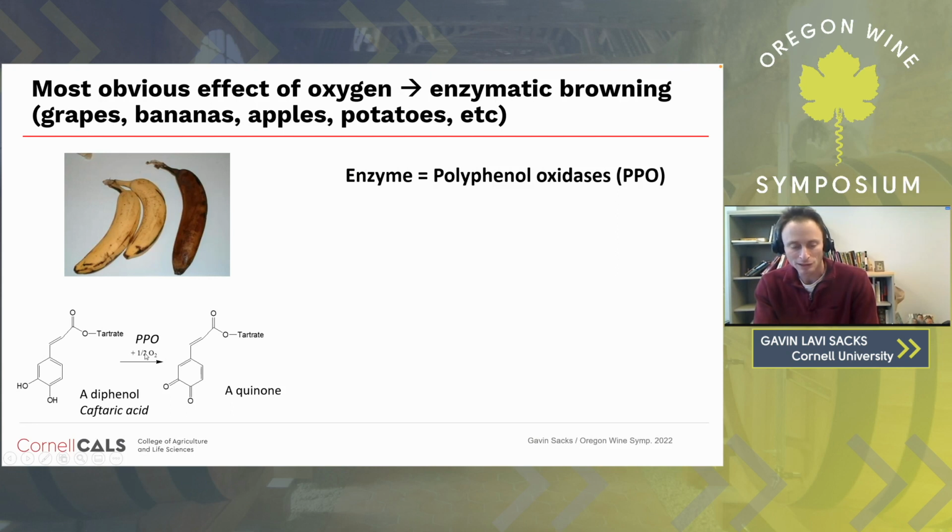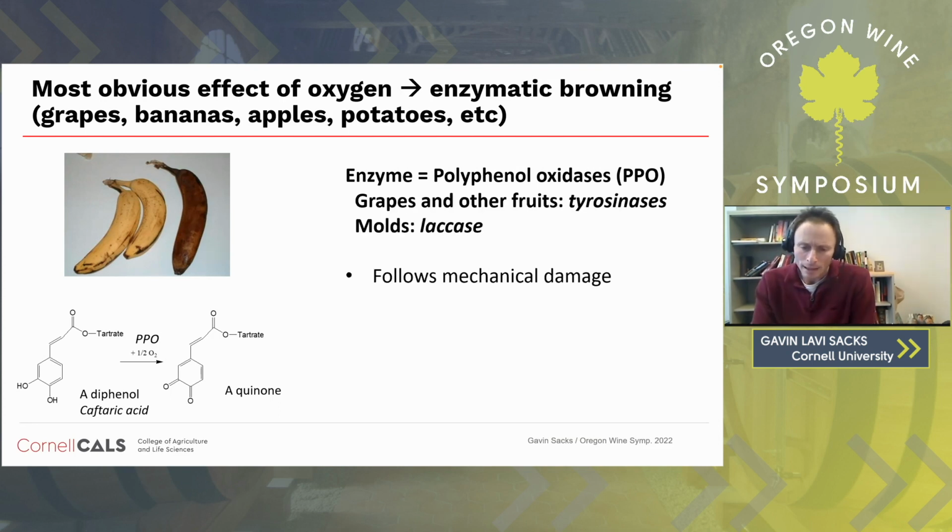These enzymes in the presence of oxygen will convert these phenols or diphenols into oxidized forms called quinones, and those quinones are pretty short-lived. They will only be formed following mechanical damage. That is, if you're crushing or pressing fruit or slicing into it, this allows those enzymes and these diphenols to mix, and the reaction to proceed.